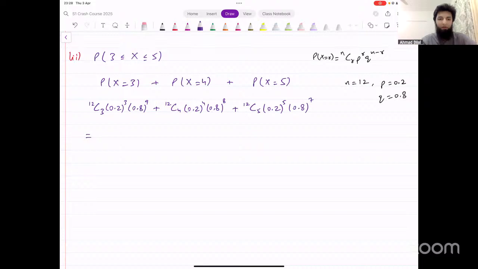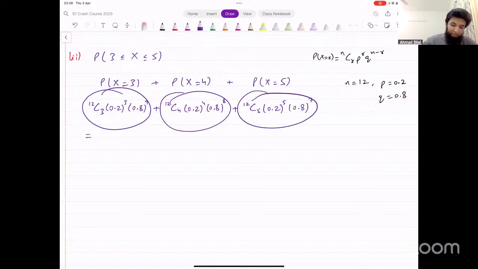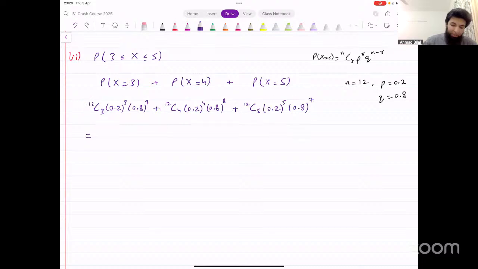Now, after this point, if you write down the answer directly, that is acceptable as long as it's correct, but I would recommend that you show one more step. You calculate each of these probabilities separately and then write down the answer, because in case you end up getting the answer wrong, you will get more partial marks if you were to write down those individual calculations first of all.